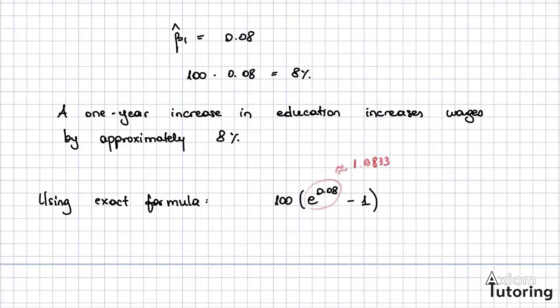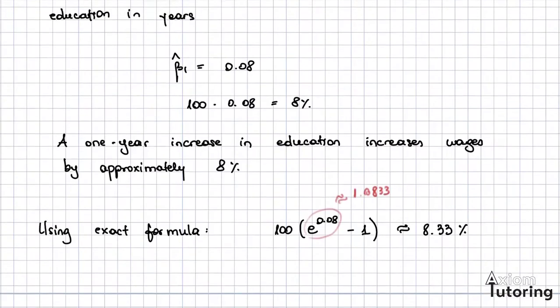So the entire expression is approximately 8.33%. So the exact percentage effect is 8.33. When we used the approximation, we had 8%.